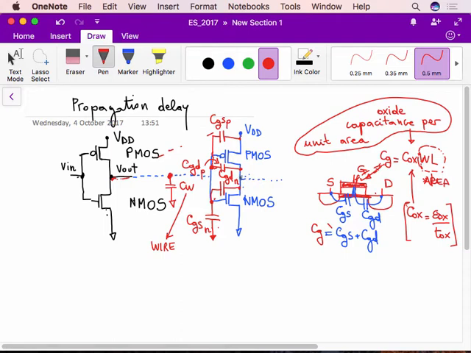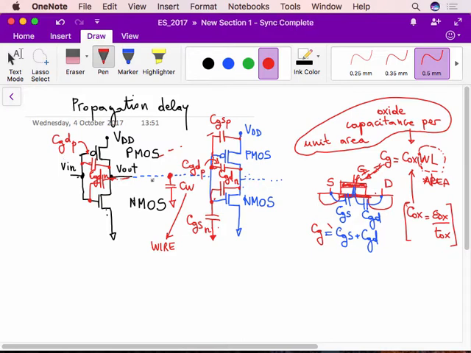Okay. In addition to that, we also have the capacitances of the first inverter, because of course also here we have the CGDN of the first inverter and this is the CGD of the PMOS of the first inverter.